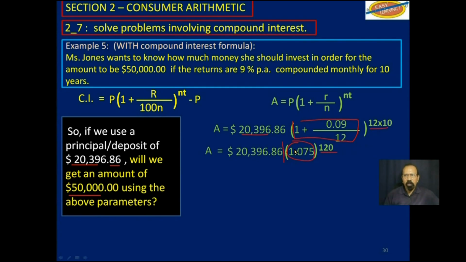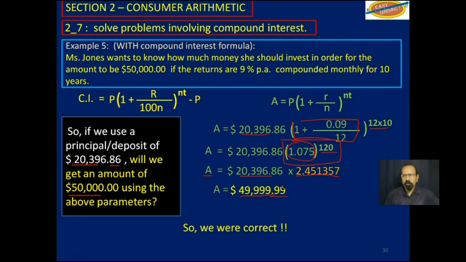When you work this piece out, let's see what the factor will be. 2.451357. Remember, that was the number we divided by when we were trying to find the principal. Now we are multiplying this to find the amount. 49,999.99, almost down to the last cent. So we know we were correct.